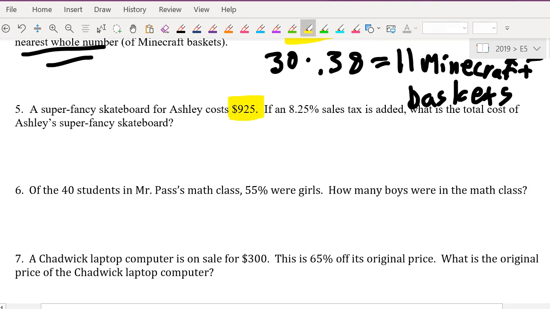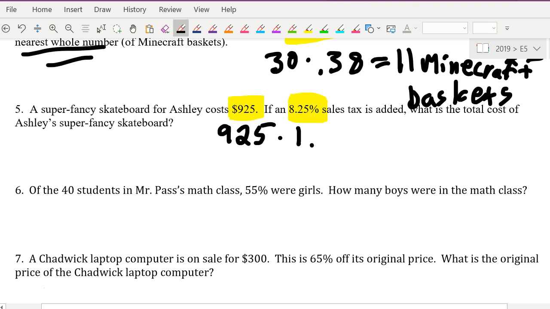The skateboard is $925 and 8.25% sales tax is added. So does anybody remember how to do this in one step? You can do it in two steps, but the easy way is to do it in one step on the calculator. Chadwick, yeah. So what you would do is 925 times 1.0825, because it's over 100%.